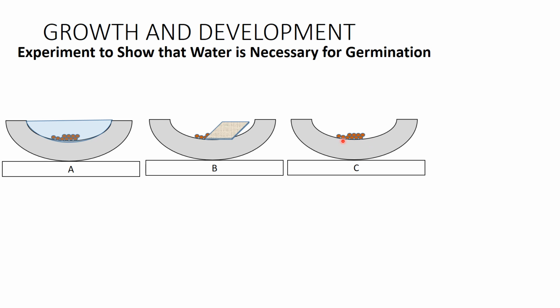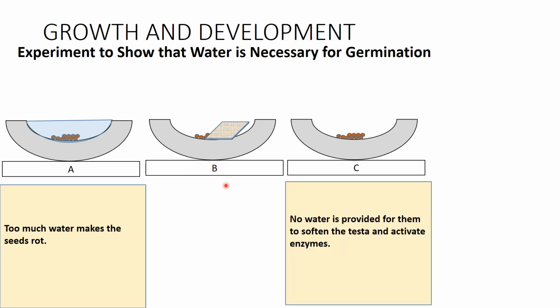So what's going to happen is, after some time, the seeds in here are not going to germinate. Why? Because too much water is bad for germination. It can make the seed rot. Therefore, no germination can occur. Then we go to this one, where again we don't see germination because there's no water.